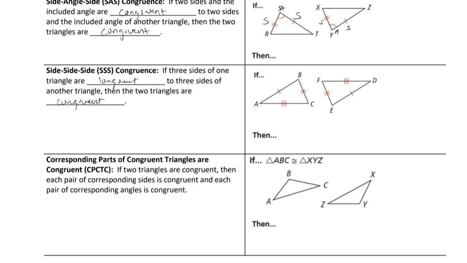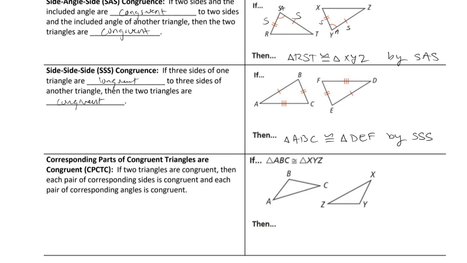Therefore, it is congruent. This one would be triangle RST is congruent to triangle XYZ, and that's by SAS. This one, triangle ABC is congruent to triangle DEF by side, side, side.